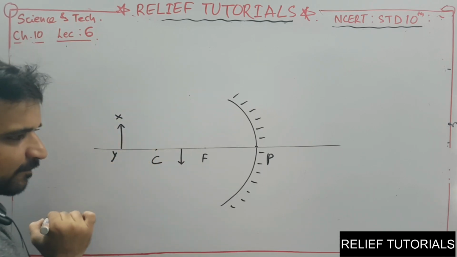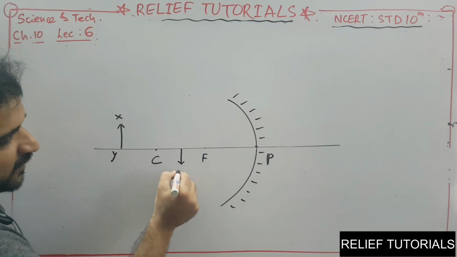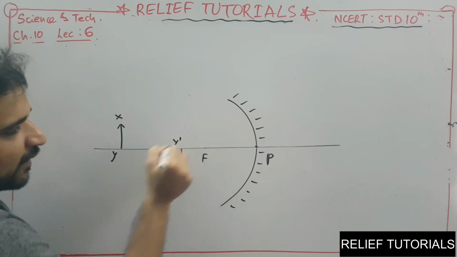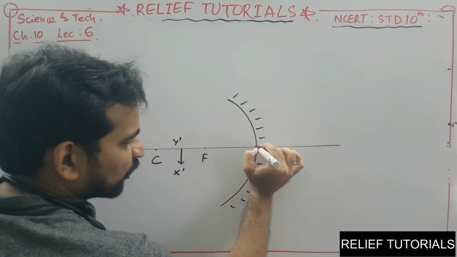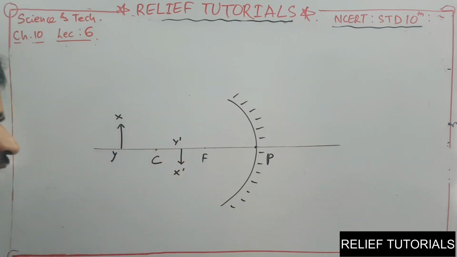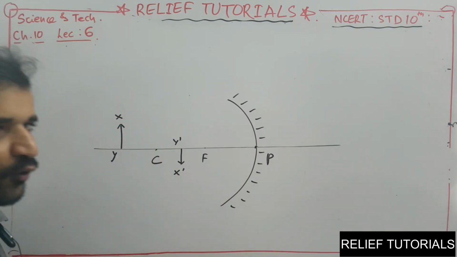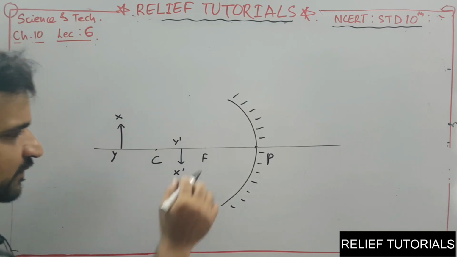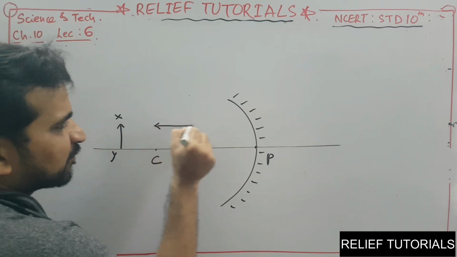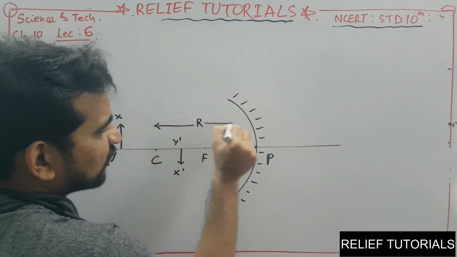Now in this figure, let us say this is X, Y, the name of this object. So this image can be said as X dash, Y dash. This is the pole. Now in this figure, how many distances are important? The distance between C and P, we already know, is called the radius of curvature.